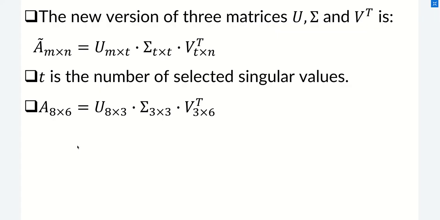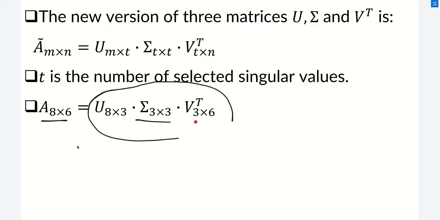With our reduced version, this is what we are getting. This is our matrix. We started with this. Because we have reduced this to this, it affects the rest, as you can see. Now the U has been affected. How many columns do you have? You have three. The V transpose has also been affected.